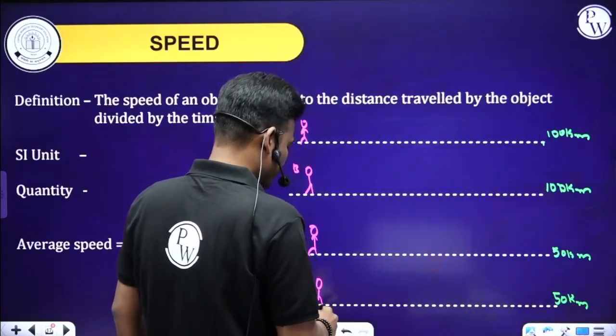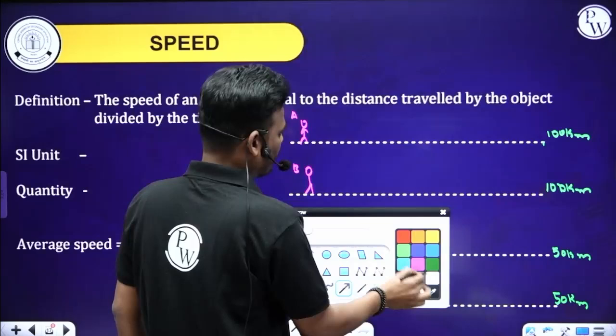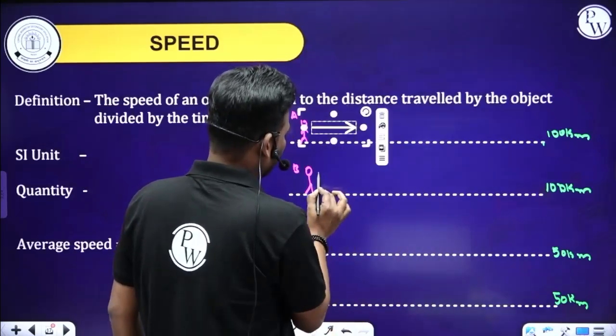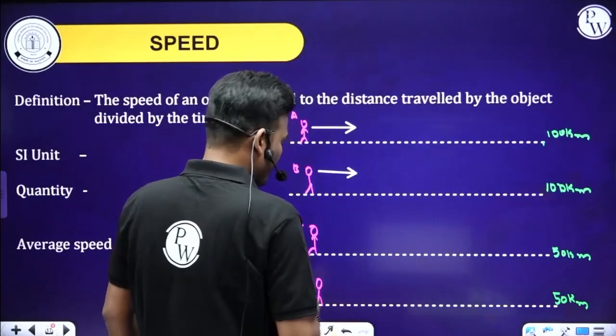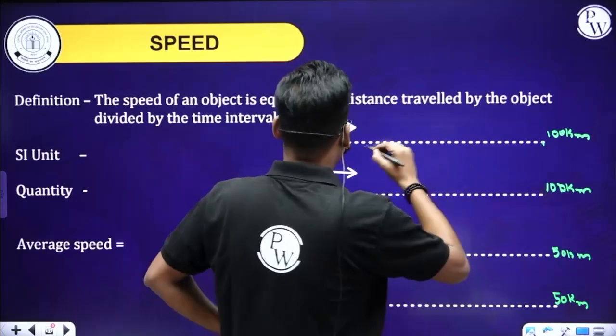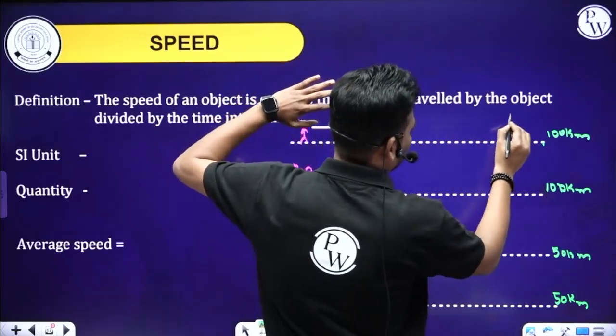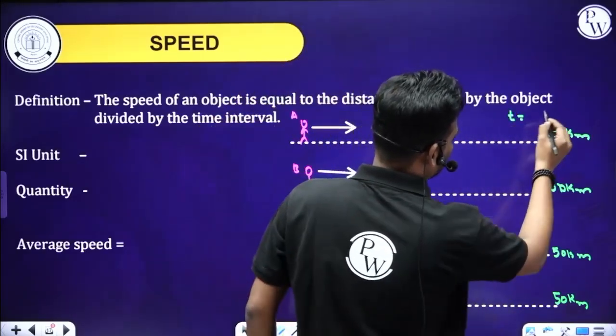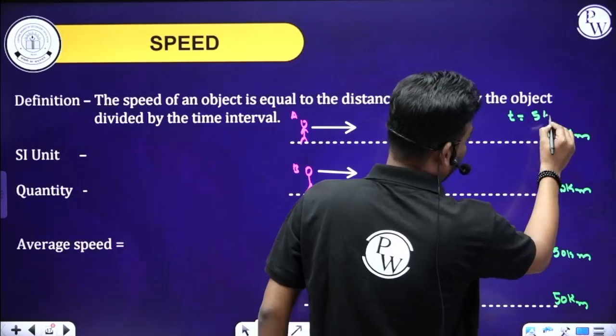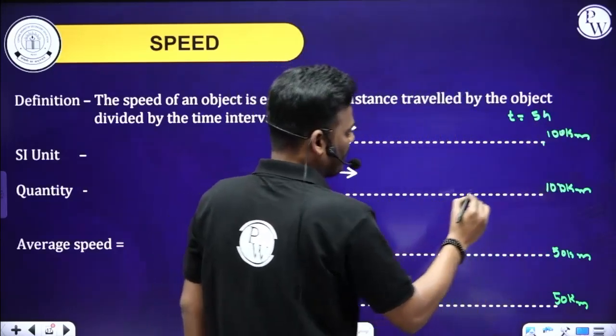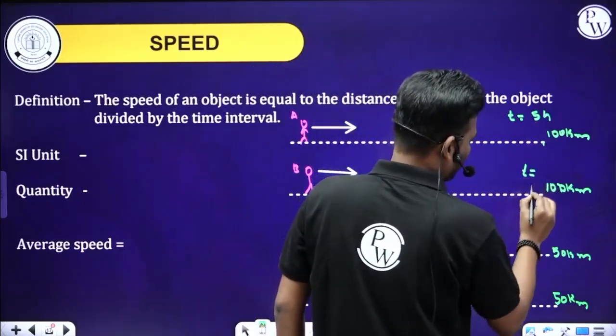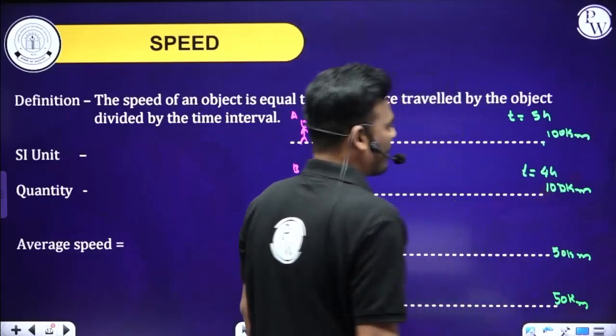In this case, both the bodies A and B have started their journey. Body A has reached in T equals, let's say, 5 hours, and body B has reached this 100 kilometers in just 4 hours.